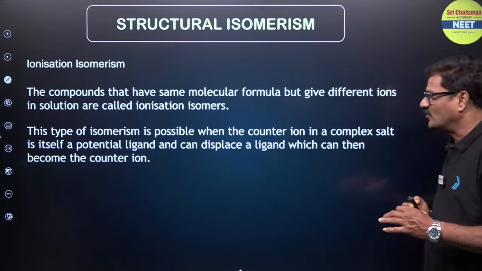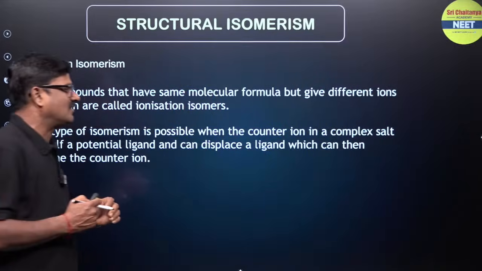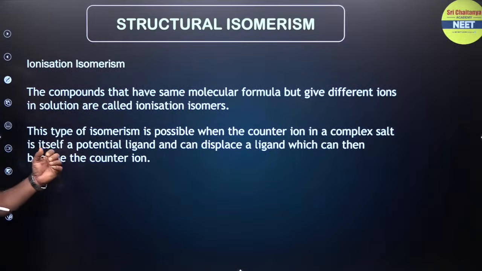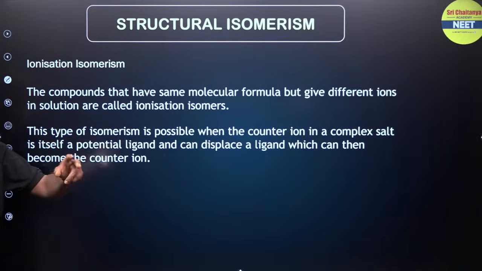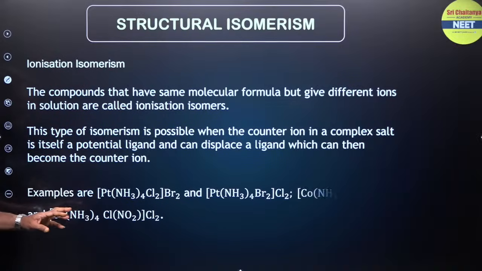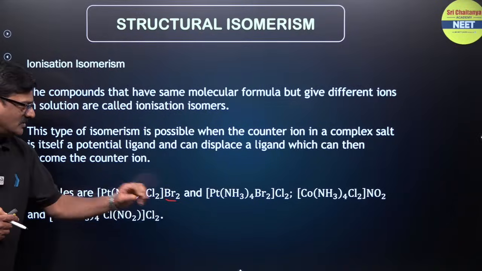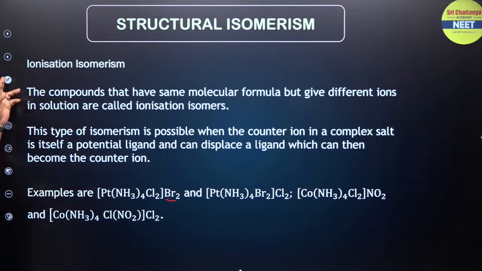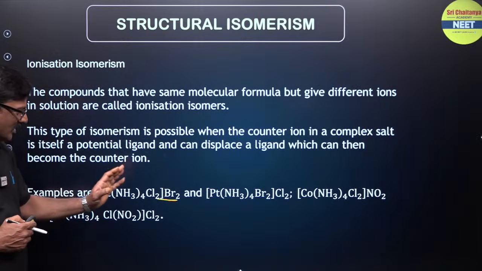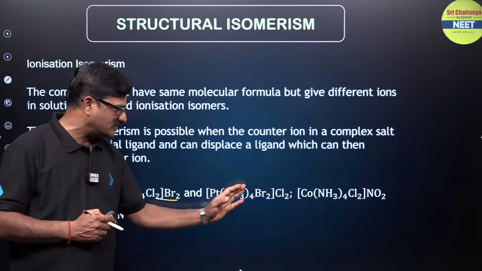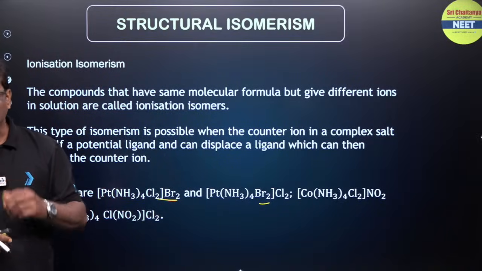This type of isomerism is possible when the counter ion of the complex salt is itself a potential ligand, so the ligand and the counter ion can displace each other. An example here: Pt(NH3)4Cl2 Br2, with Br2 outside the square bracket. Now you can say Pt(NH3)4Br2 Cl2, with Cl2 outside the square bracket.